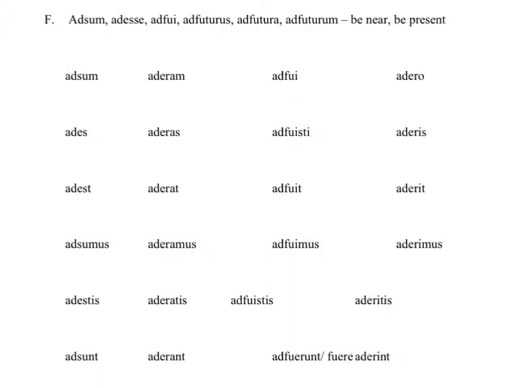Speaking of the verb sum and how important it is, the book introduces two other forms of sum, or compound forms of sum. The verb adsum, which you can see up here, the principal parts are essentially the same as sum, but with an ad compounded to it.